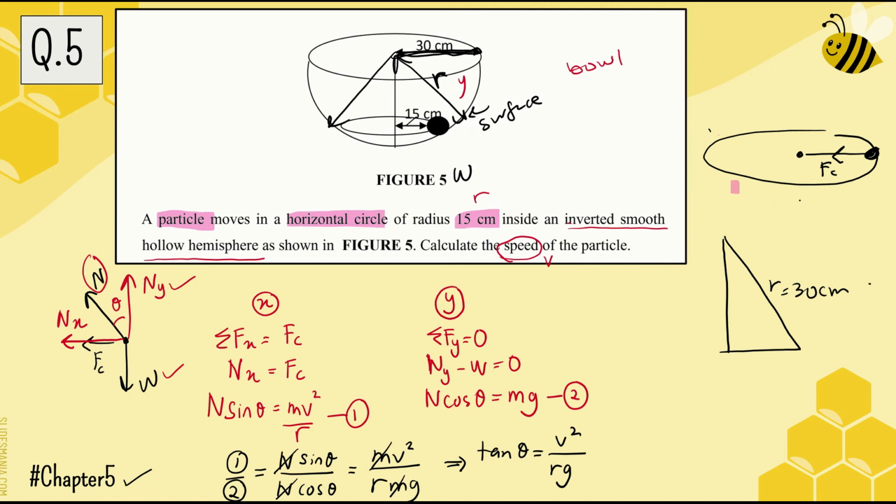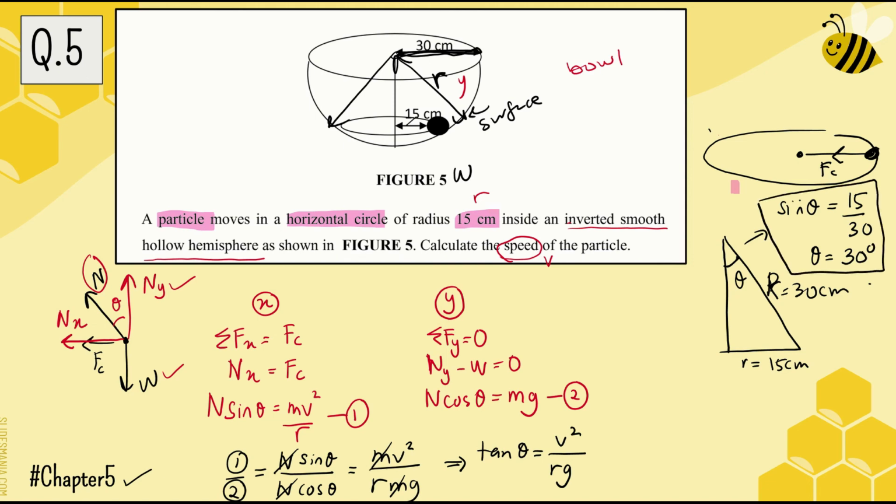And this is the radius for the circular motion, 15 cm. We want to get the angle at this position. If I write down here our big R, then we can have an equation: sine theta is equal to 15 over 30. Then, using a calculator, you'll get theta is 30 degrees.